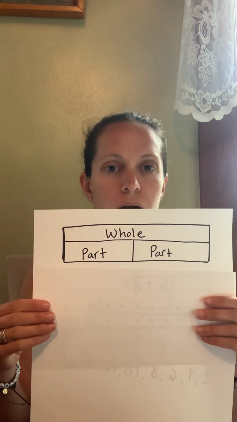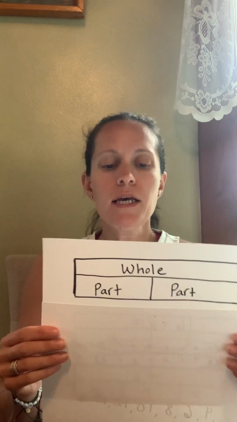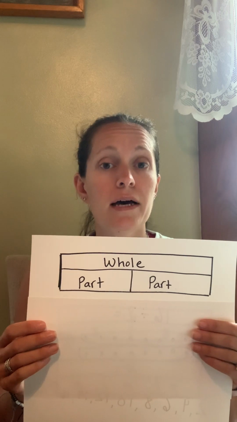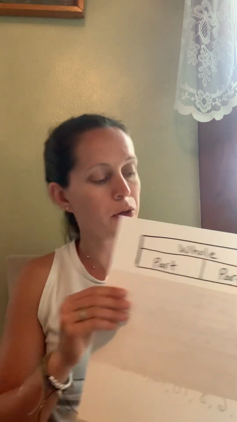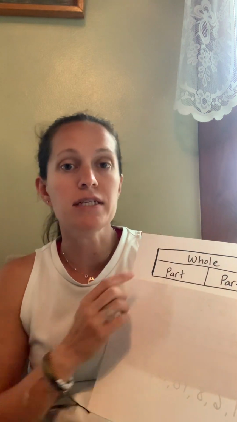All right, so the next way we're going to talk about it is by doing whole and part and part. Okay, so these are called bar models, and we use these a lot in class. So we use these a lot for multiplication, and we're going to start to use them for division too. Okay, so we know that this and this together give us our whole.